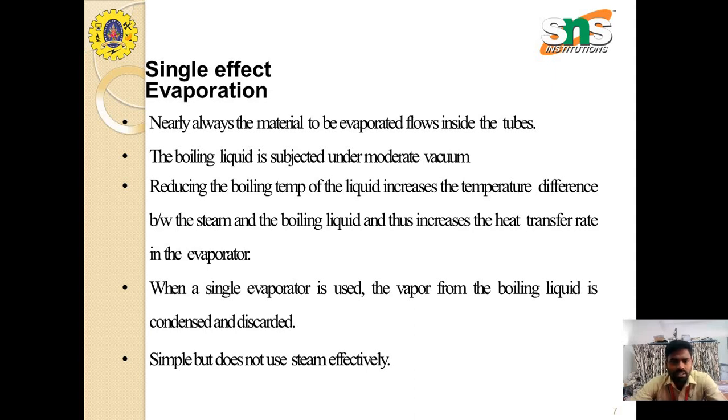In single effect evaporation, nearly always the material to be evaporated flows inside the tubes, and the boiling liquid is subjected to moderate vacuum. Compared to the multiple effect evaporator, the single effect evaporator produces slightly lesser efficiency and conversion of liquid into vapor, because the evaporation happens only once, whereas in the multiple effect evaporator the process repeats until the liquid is completely converted into vapor.